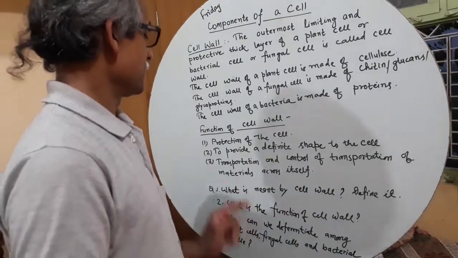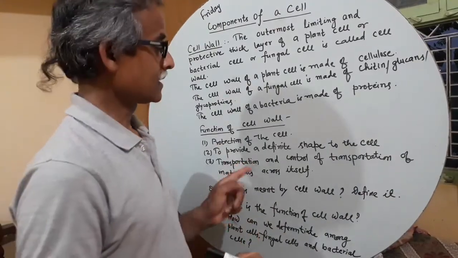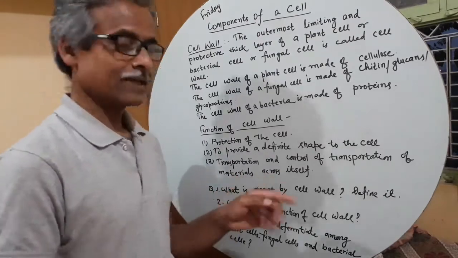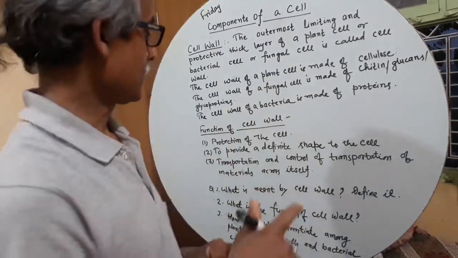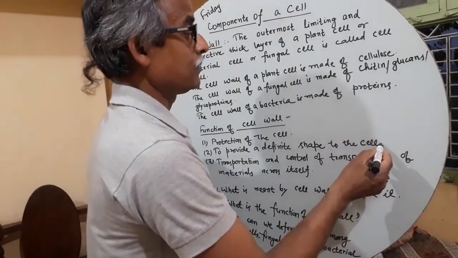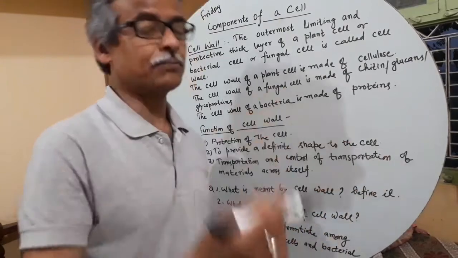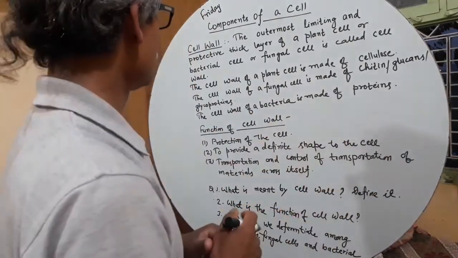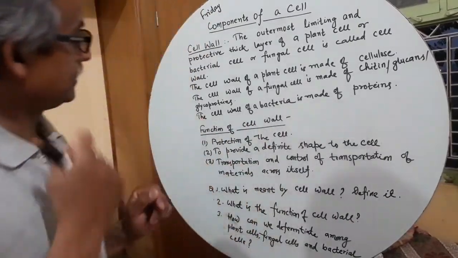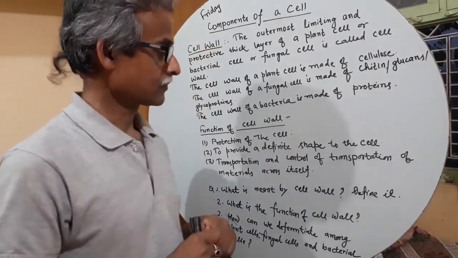So it helps in transportation and control of transportation of materials across itself, and the shape of a cell depends upon the cell wall. So these are the three functions of cell wall.